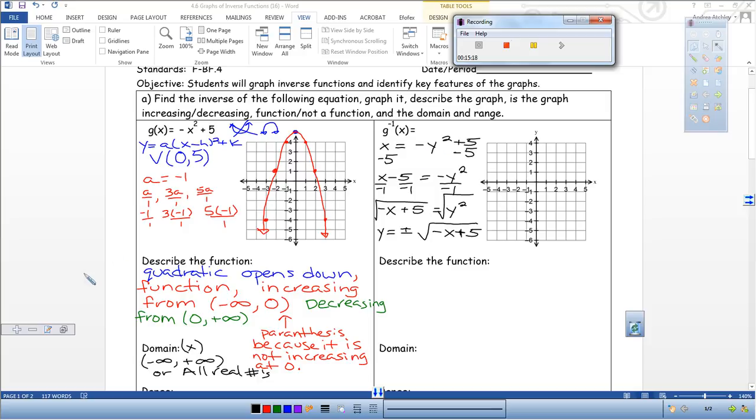If your a value is negative, it's going to throw it all off. Okay. So now, we have not learned how to graph a square root, and you will not learn how to graph a square root until next year. So we're just going to take our ordered pairs and switch the x and y.